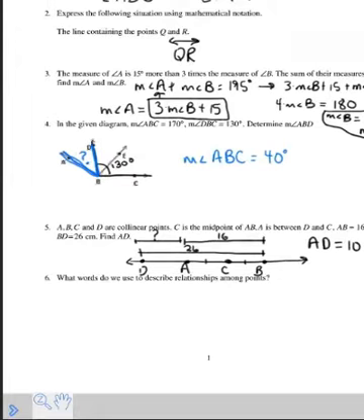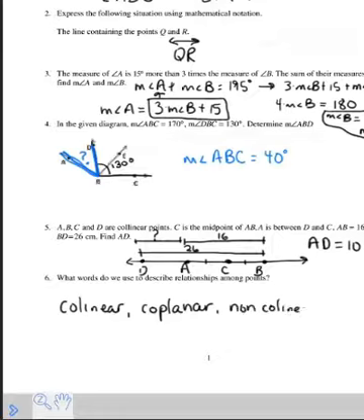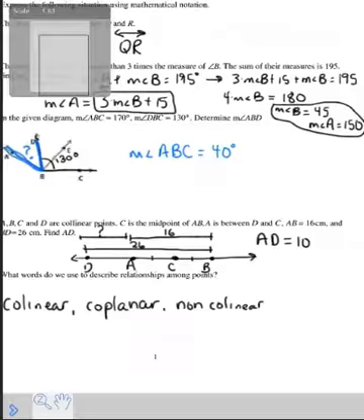A group of points can also be coplanar, so I'm going to write collinear, coplanar. But if points aren't lining up in a straight line, or if points are not on the same plane, then we could say they're non-collinear, or non-coplanar.